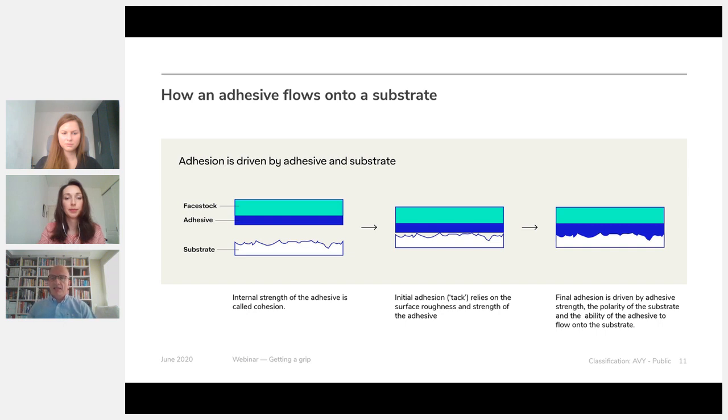And then finally, when the adhesive has had some time to flow or wet onto the substrate, we speak about the final adhesion. And this final adhesion is governed by three basic criteria. One of them is the strength of the adhesive itself. The second one is the polarity of the substrate. And finally, the ability of the adhesive to flow onto the substrate. I will discuss these points in more detail in the following slides.